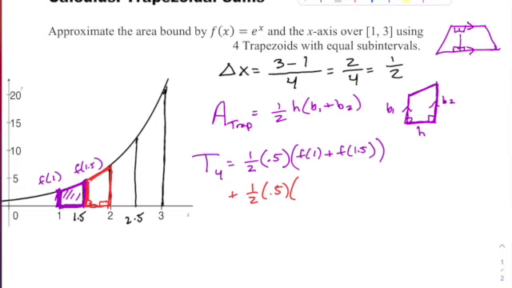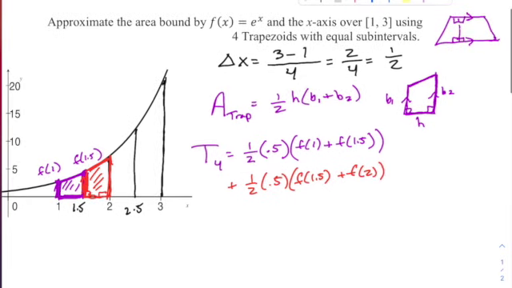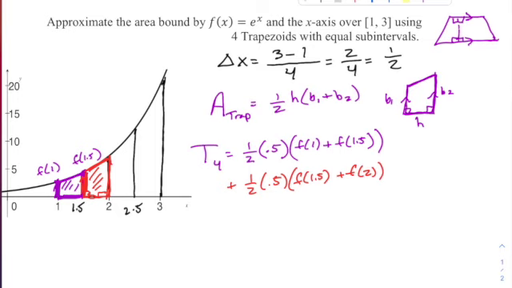The bases in this case are f of 1.5. So f of 1.5 gets used twice, notice that, as part of the first trapezoid and as part of the second, plus this, which is f of 2. Maybe you're starting to notice some shortcuts you can take already.